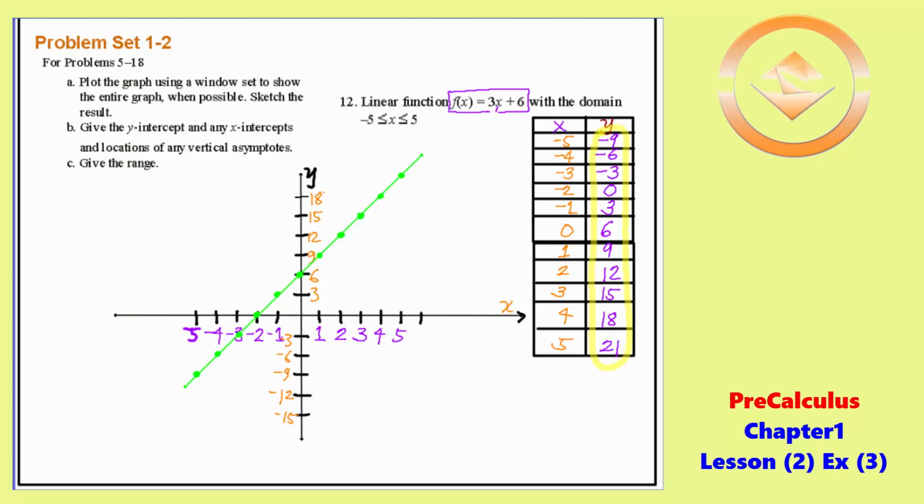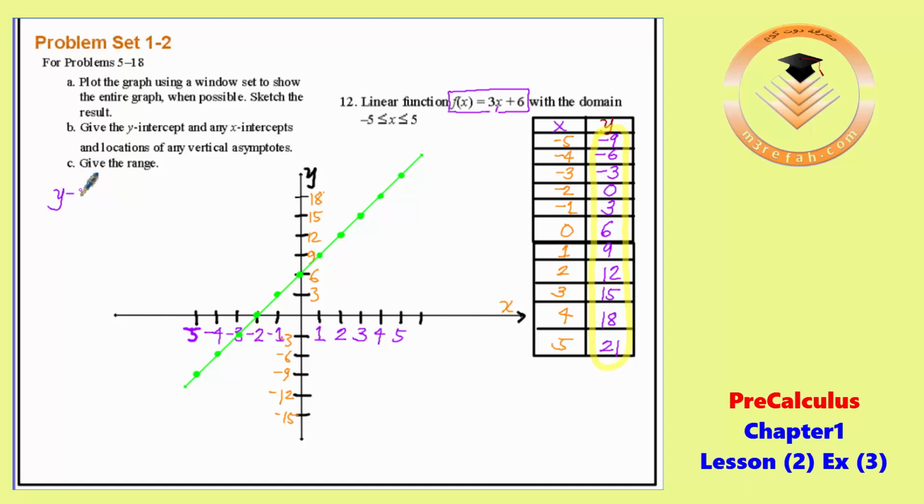Now for the letter B, give the y-intercept and any x-intercepts and location of any vertical asymptote. So let's begin with the y-intercept. Do we have a y-intercept here?